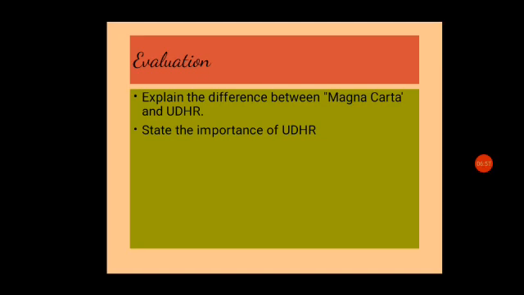Now, evaluation. If you are asked to state the difference between Magna Carta and UDHR: Magna Carta is referred to as the Great Charter, and it was a declaration made in different parts of Europe and America under the influence of the King on June 15th, 1215.